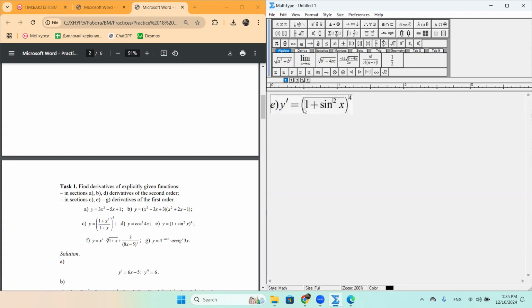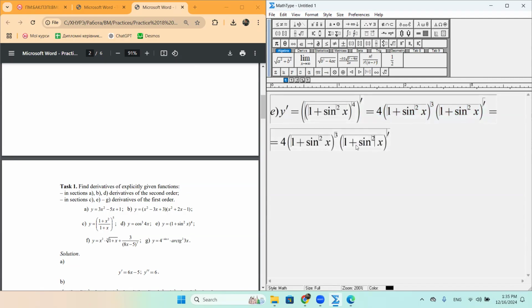So again, this is a composite function. First of all, we differentiate this power, and it will be 4 times this expression in power of 3, multiplied by the derivative of this expression. And again, here we also have a composite function.